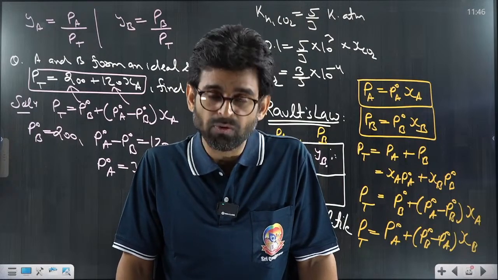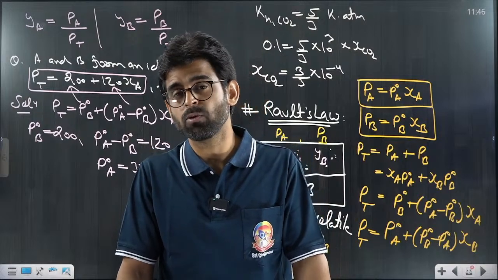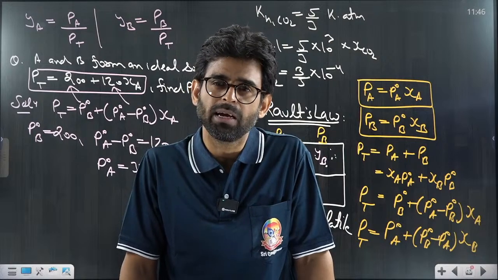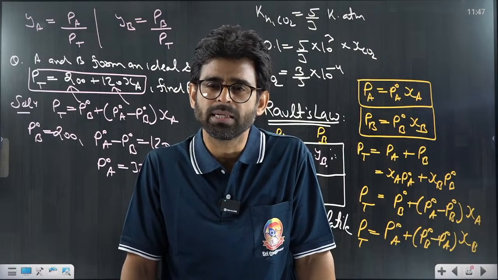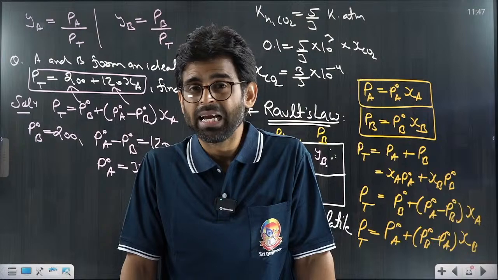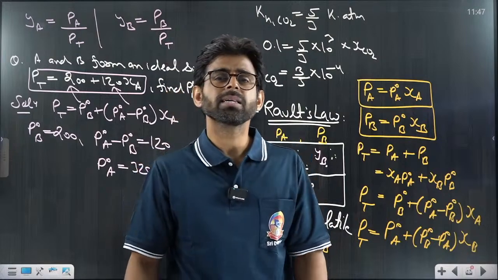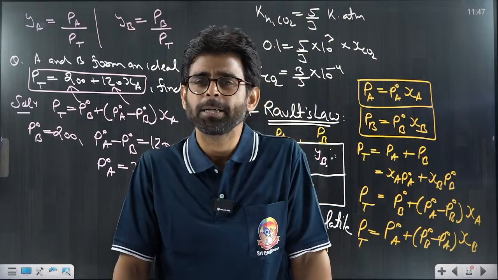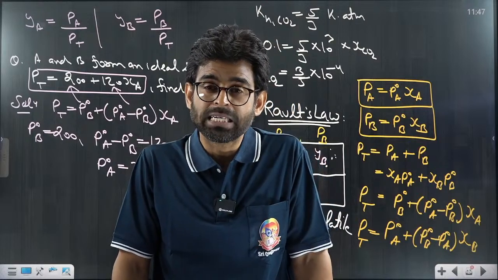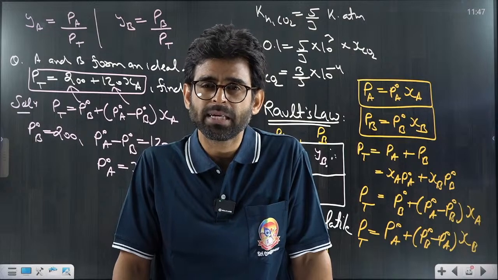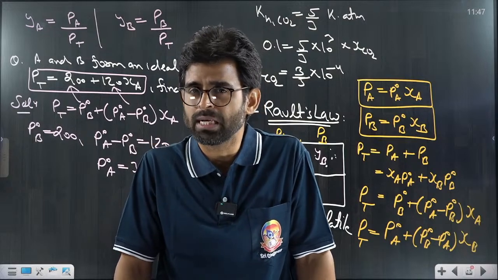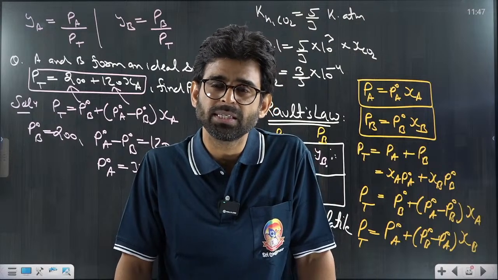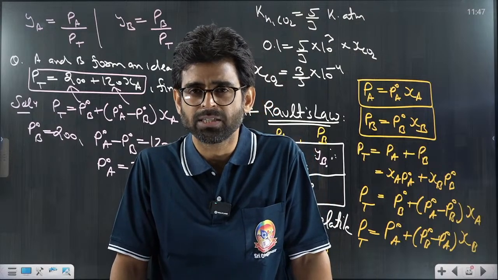Minimum boiling azeotrope will have a boiling point less than both the components, whereas maximum boiling azeotrope will have a boiling point more than both the components. And azeotrope components can't be separated using fractional distillation. It's a very common question: they give 4 options and ask which of these can be separated using fractional distillation.